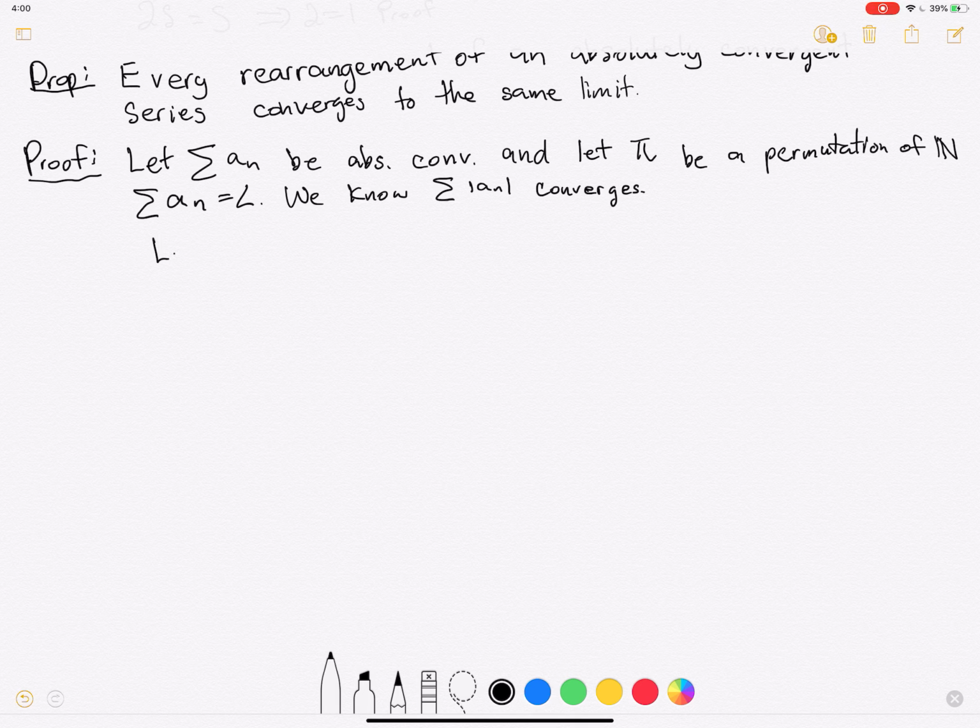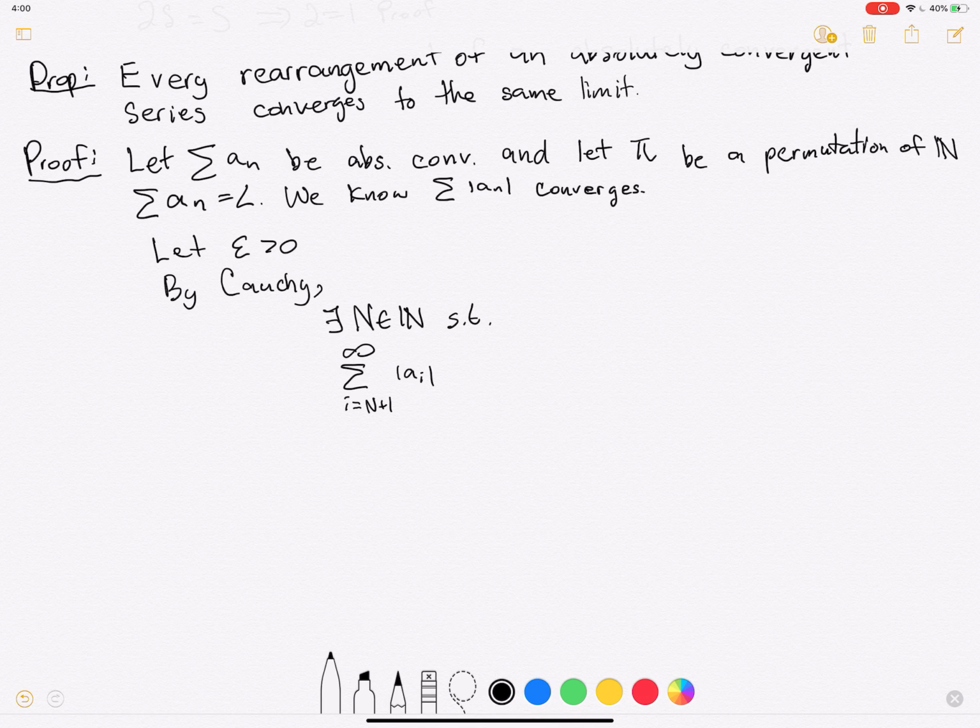Now let epsilon be greater than 0. By the Cauchy equivalences we saw last lecture, there's a natural number n such that the sum from i equals n plus 1 of the absolute value of the terms is less than or equal to something.